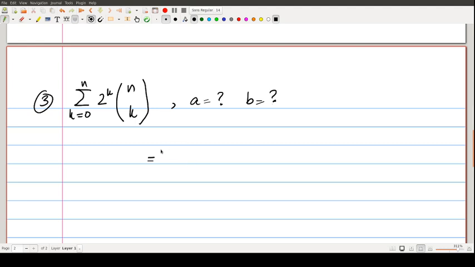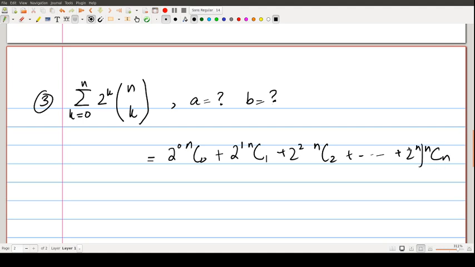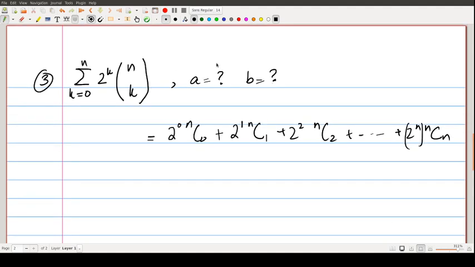So I want the first term to be 2 to the power 0, n choose 0, let me write it in C notation, so nc0, plus next term I want to be 2 to the power 1 nc1 plus 2 to the power 2 nc2 plus dot dot up until 2 to the power n ncn, right?